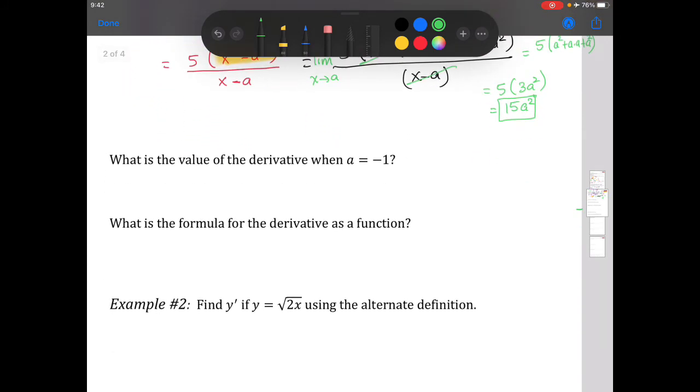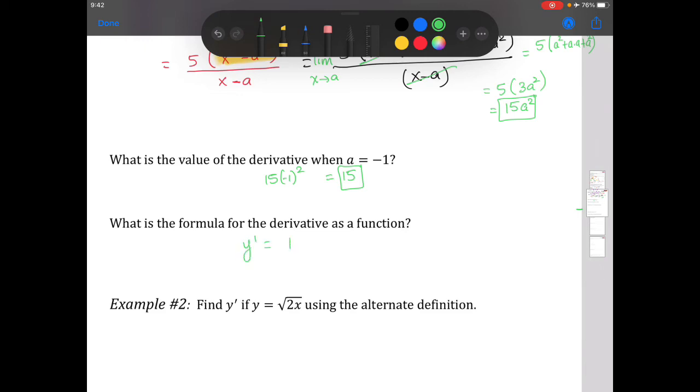Okay, so let's do this. What is the value of the derivative when a equals negative 1? So let's substitute a with negative 1. It's negative 1 squared, which would be just 15. What is the formula for the derivative as a function?